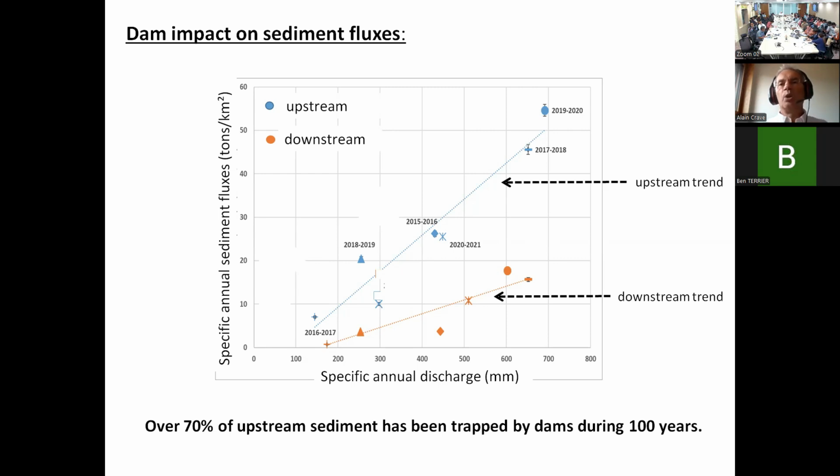Very easily you can define that over 70% of the upstream sediment was trapped by the dam during 100 years. The idea for us is to understand how this orange trend will join the blue trend with time, and how much time it takes for both trends to become similar.